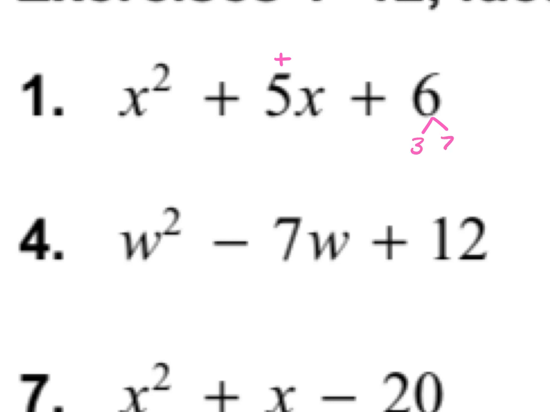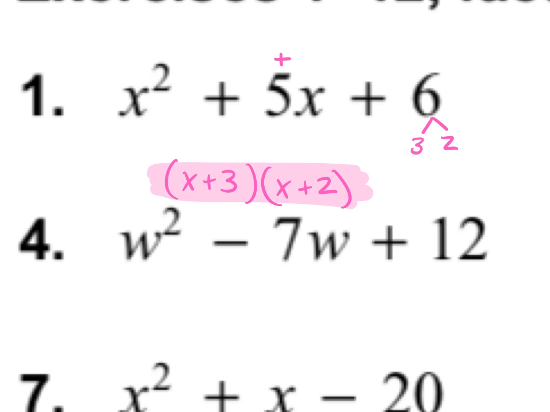Awesome. Because 3 plus 2, is that 5? Yes. So what would go into the parentheses? X plus 3 and x plus 2. Awesome. So just need to come up with your factors here. Figure out what 2 numbers multiply to the last term, but add to the middle, and then write them in factored form. So you write it in your parentheses.